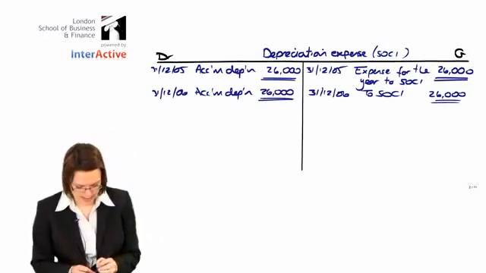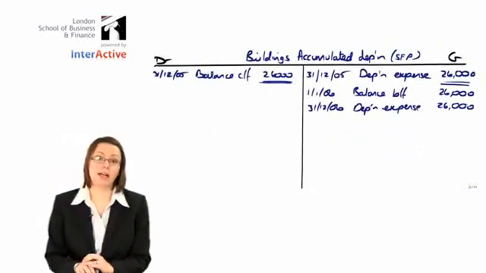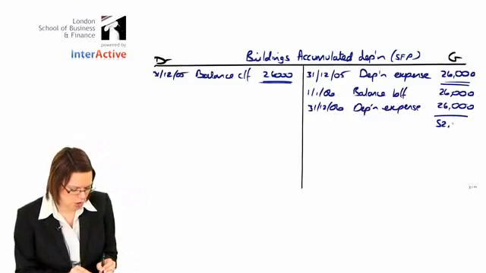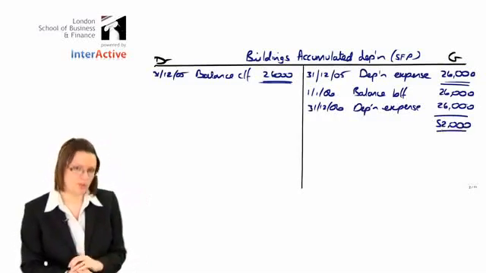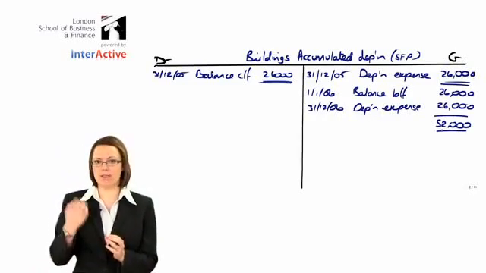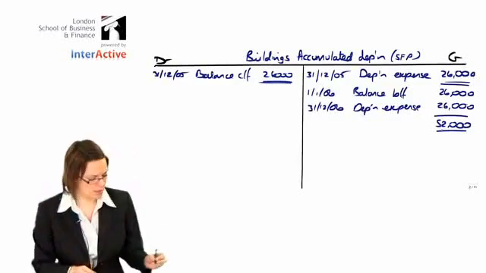Now, let's have a look at balancing the accumulated depreciation account. Now, we can see then that the credit side now totals 52,000. That's our accumulated depreciation to date. Because it's an SFP account, it rolls on year.